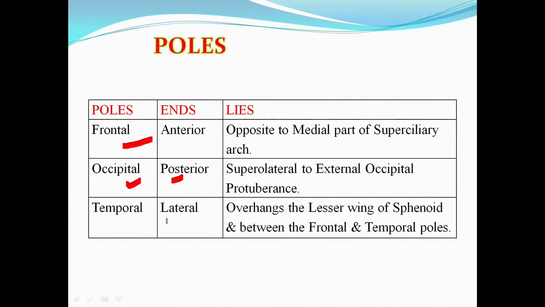The lateral-most aspect is the lateral end called the temporal pole, related to the lesser wing of the sphenoid and the junction between the frontal and temporal lobes. So we have the frontal, occipital, and temporal poles.